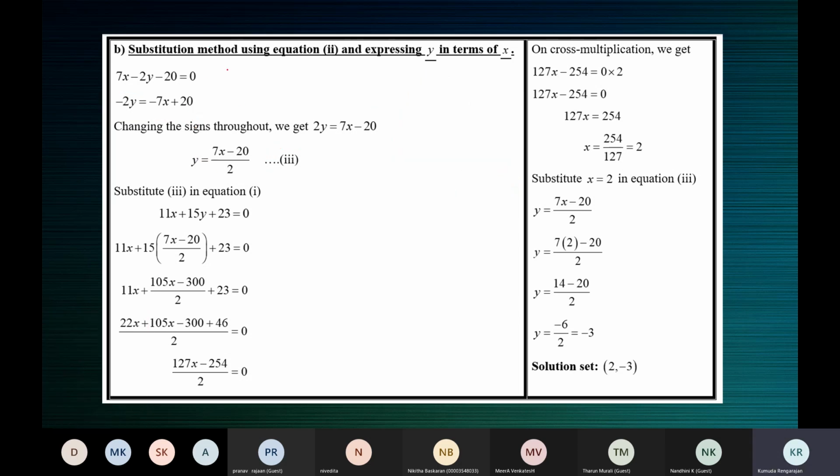We have equations 1 and 2, and we used the second equation to get result 3. Now what you have to do is substitute result 3 in the equation you have not taken up, equation 1.